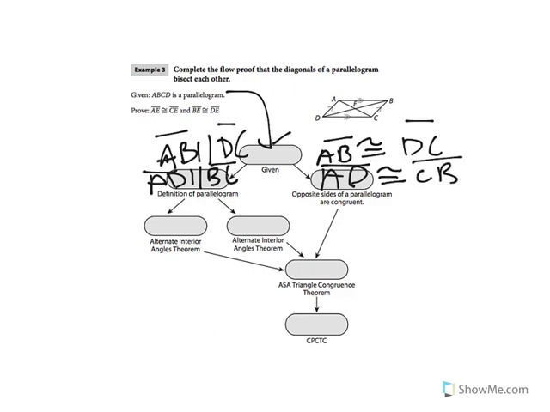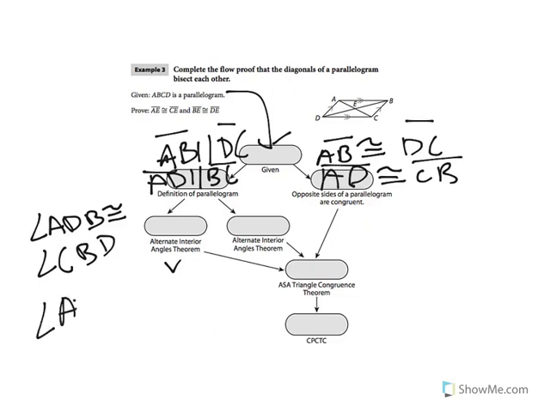Right, and then the next one said, let's go to here. We said alternate interior angles. So we can say that angle ADB is congruent to angle CBD, and angle ABD is congruent to angle CDB. So let's go here and say that, and go here.